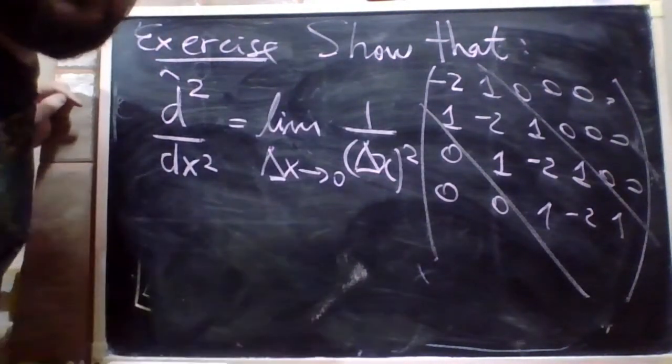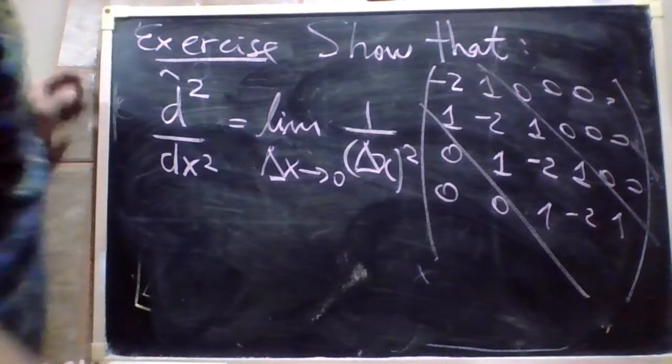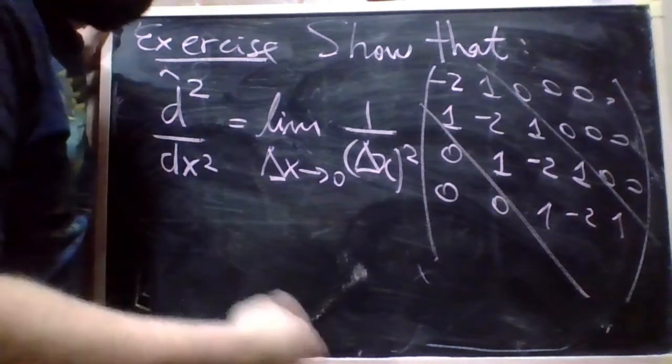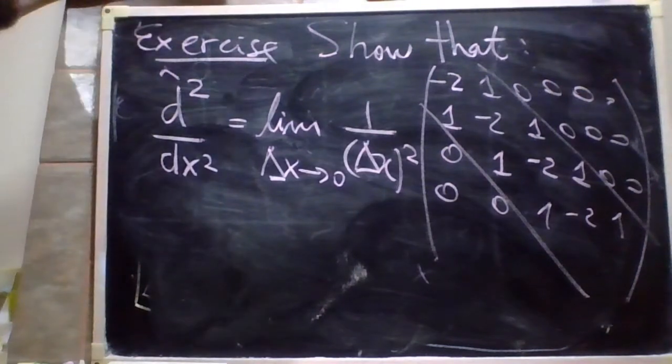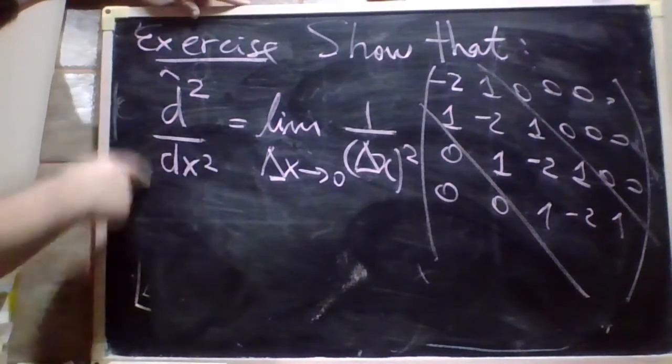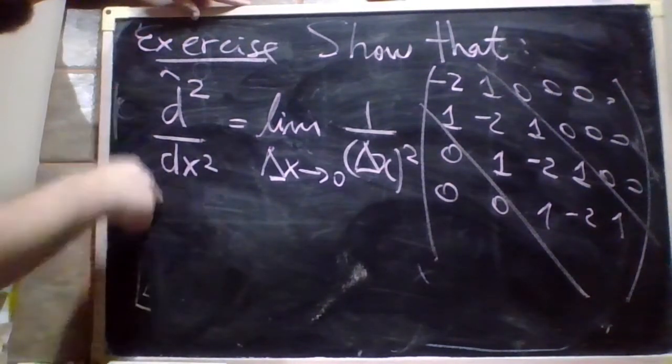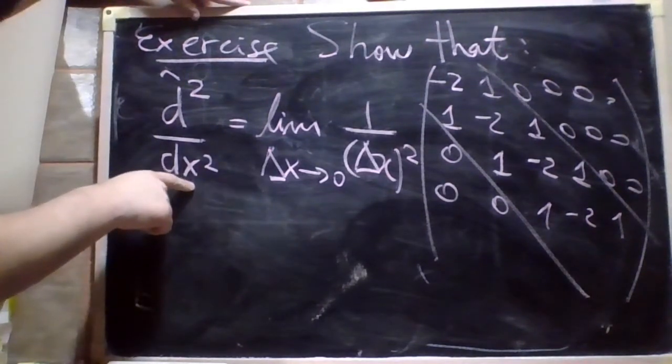It's important in calculating Hamiltonians, in evaluating numerical calculations for quantum mechanics, but it's just second order in one variable.